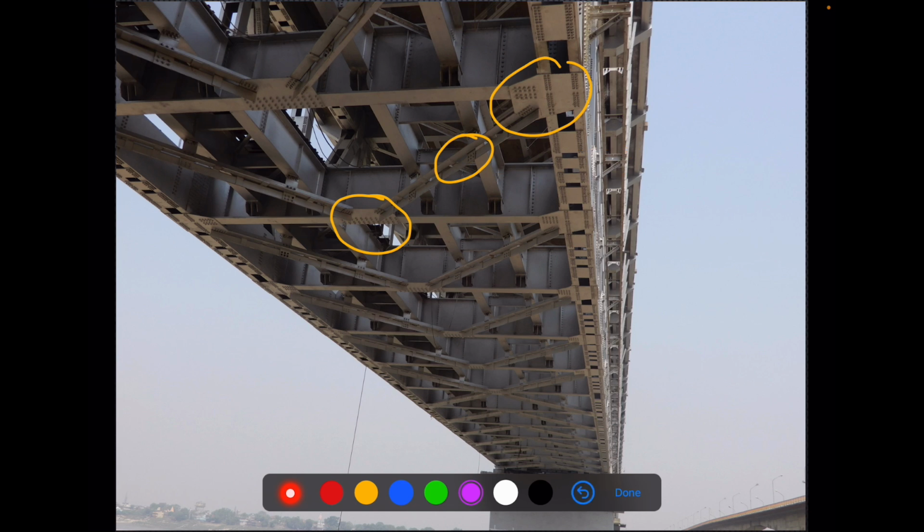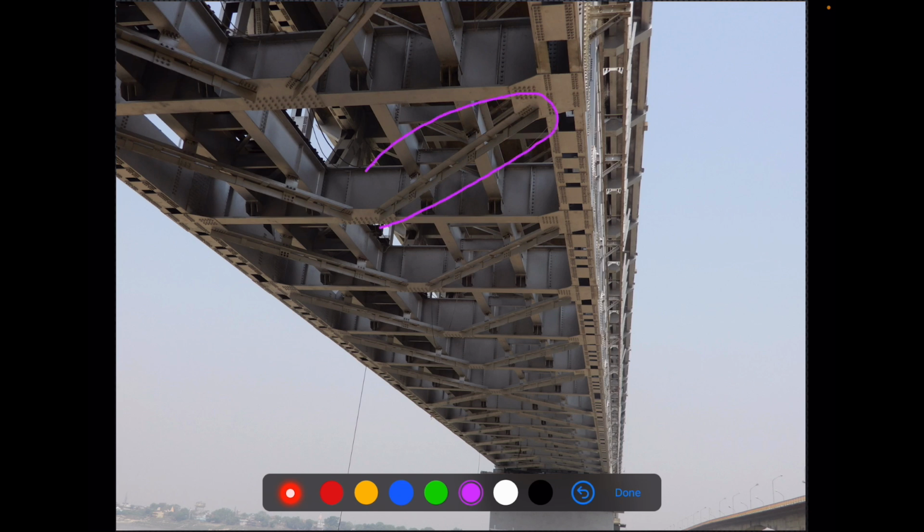If I see carefully, this is one angle, this is another angle, and in between you see this plate, this plate, this plate, and this plate, right? You can see these are the plates which are connecting and making it a built up section.